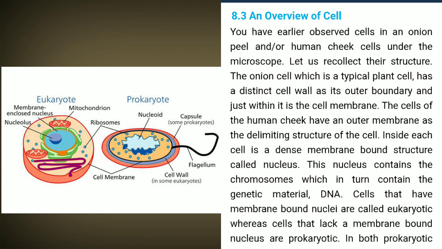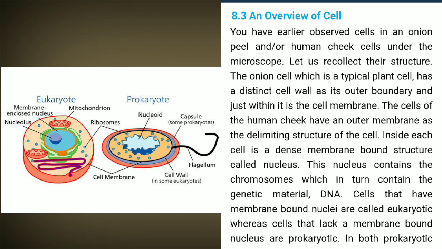Now, in some primitive cells, the genetic material, that is DNA, is not bounded by a nuclear membrane, and hence their genetic material is spread over an area of the cell.